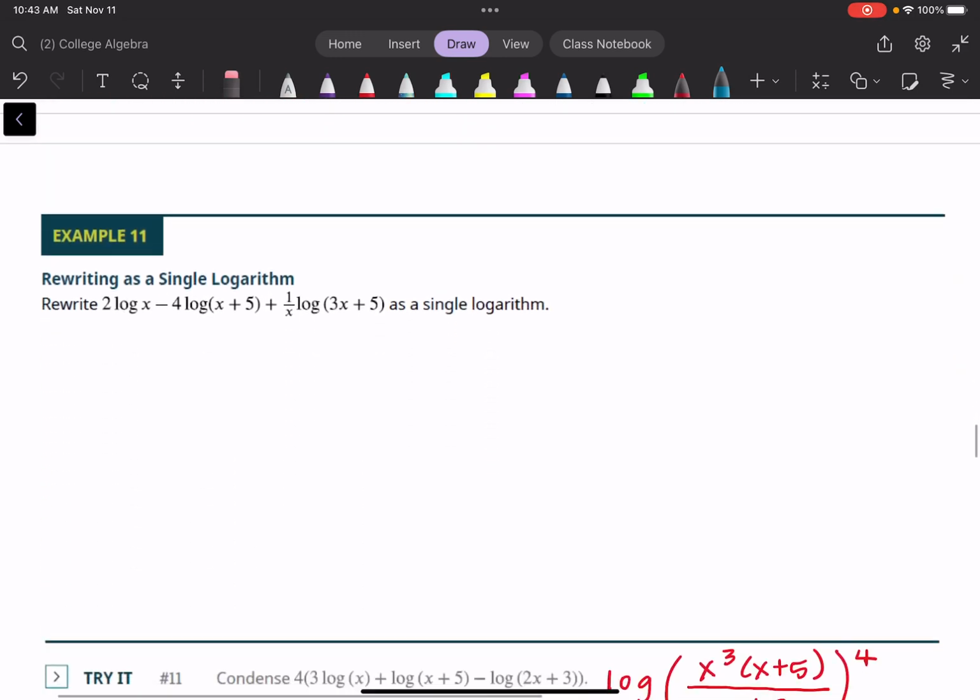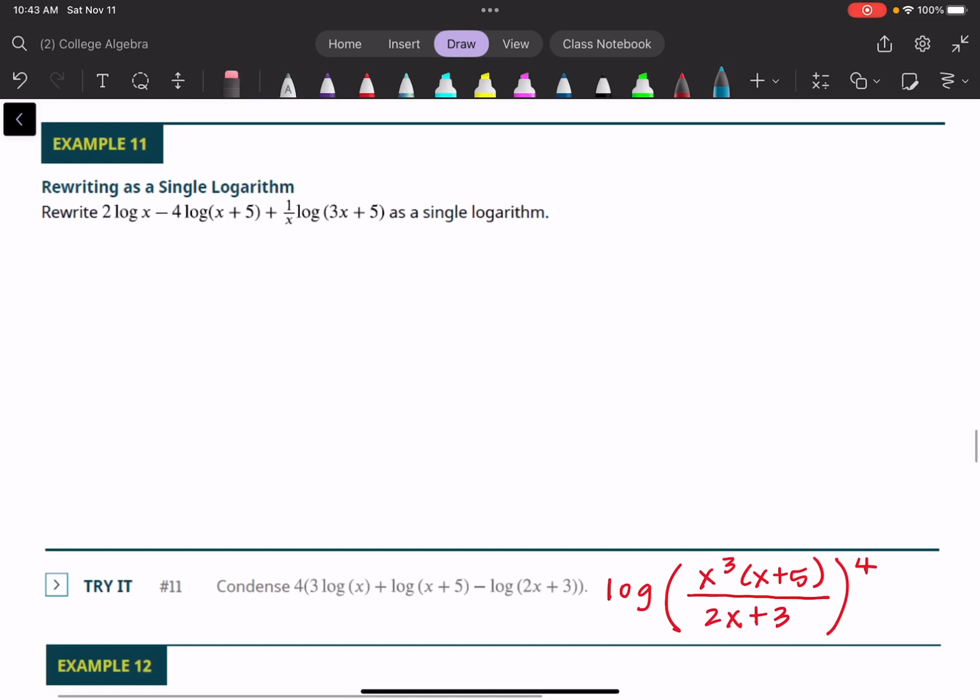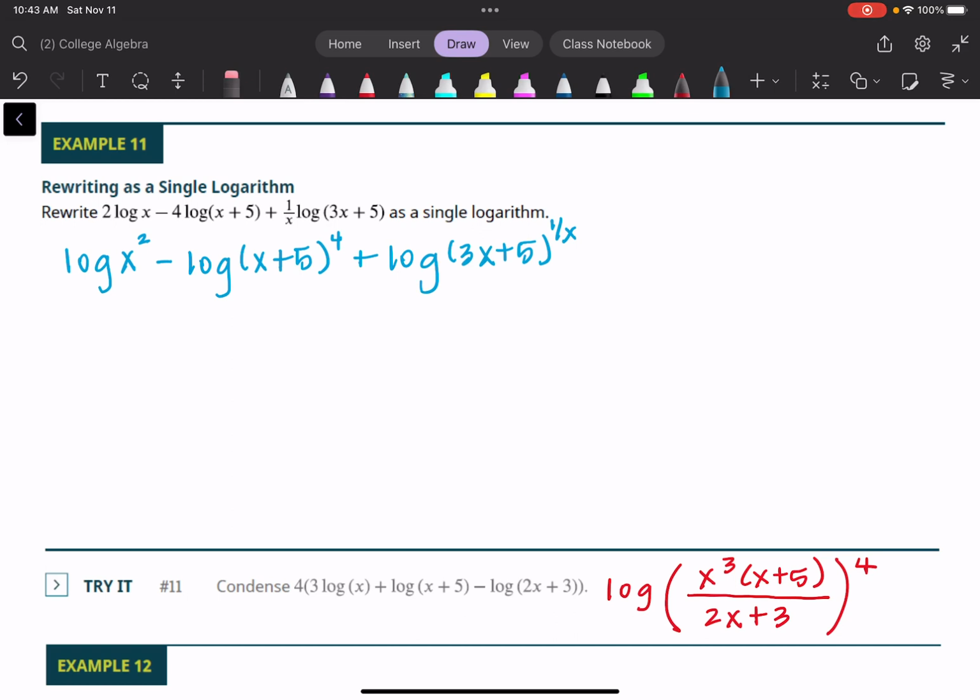All right, so example number 11, again, rewriting as a single logarithm. This one's just kind of complex. And so let's handle these powers first, just like we did before. This will be the log of x squared minus the log of x plus 5 to the 4th plus the log of 3x plus 5 to the 1 over x power. That looks crazy, but it doesn't matter, because we just follow the rules.